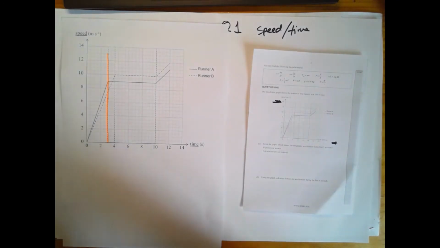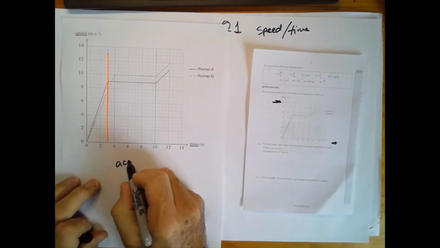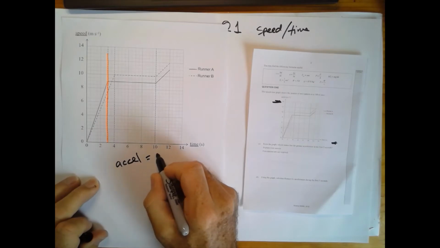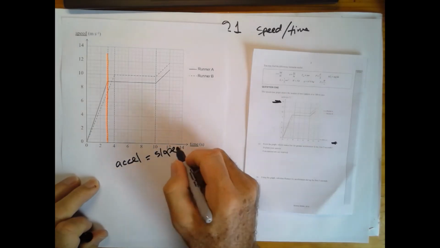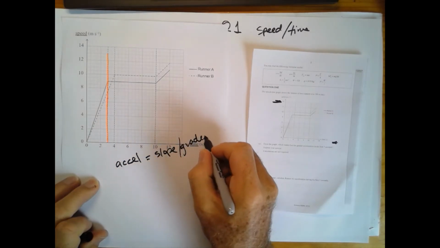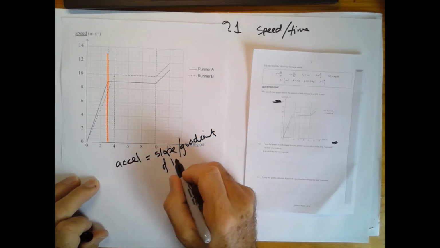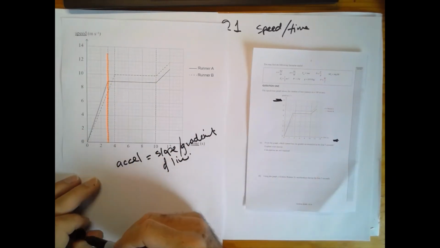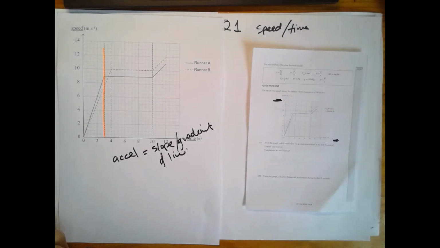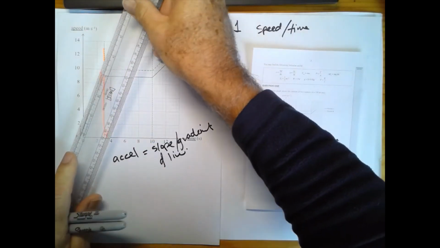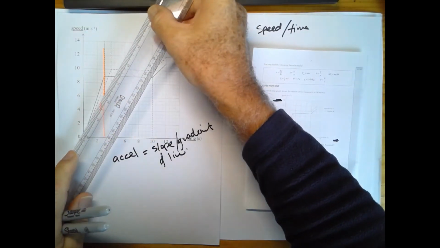We just need to remind ourselves that acceleration is equal to the slope or the gradient of the line. So which one of these has got the greater slope? Is it runner A or is it runner B?